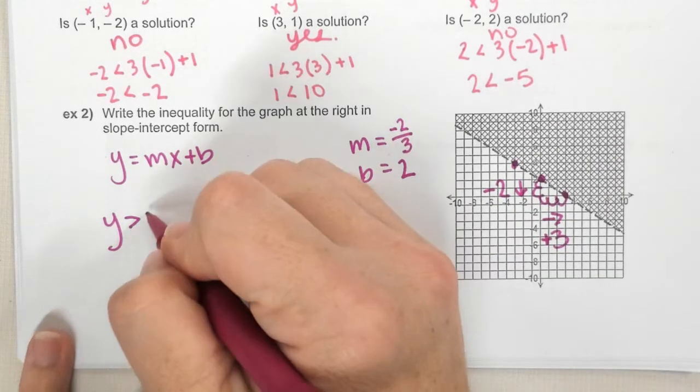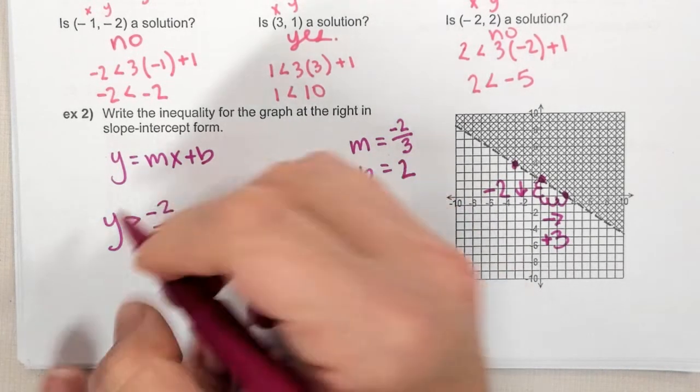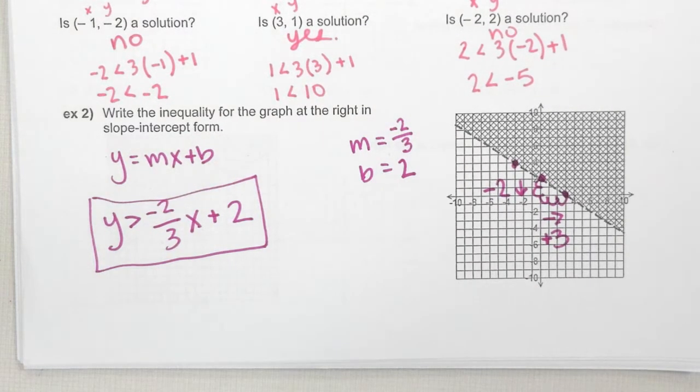So I know y is greater than -2/3x plus 2. That is my slope-intercept form inequality. Any questions with that? Okay, when you're done writing that down, I want you to flip to the back.